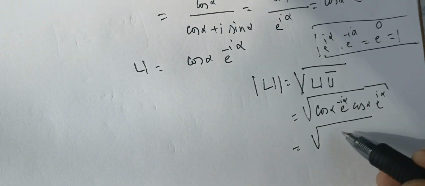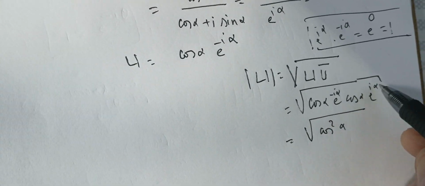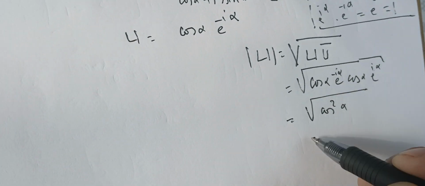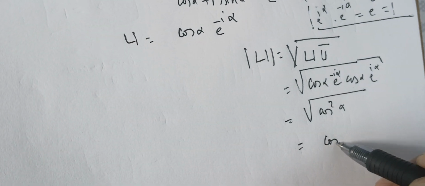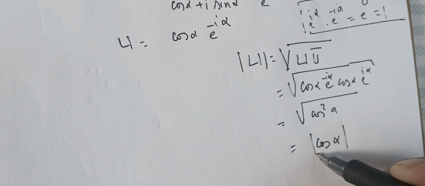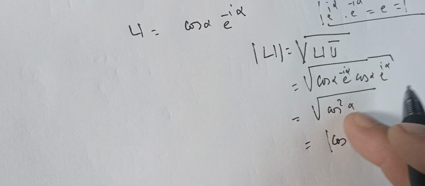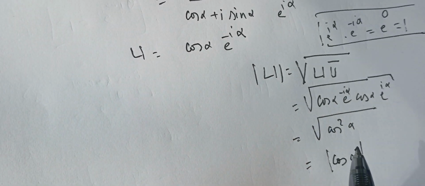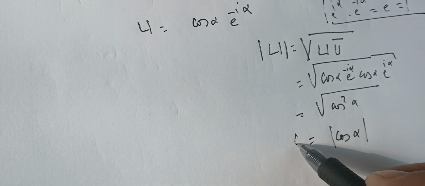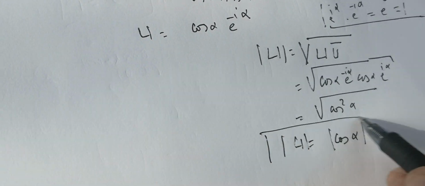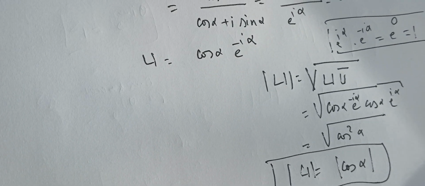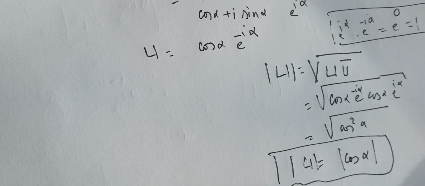Therefore I have cosine squared of alpha, because the multiplication of the two conjugates is just 1. The norm is therefore the absolute value of cosine of alpha, because I don't know where alpha is located, so I can't determine the sign here.